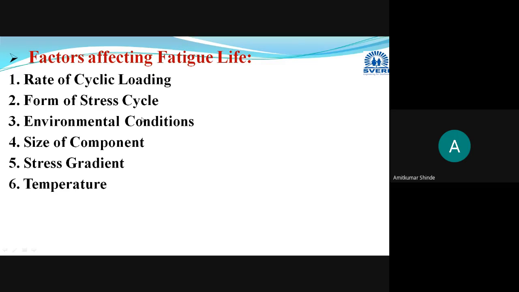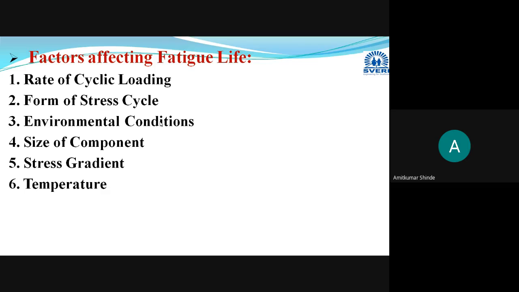But environmental conditions will have some impact on the fatigue life. In vacuum or neutral environmental conditions, the fatigue life of the component increases. Compared to moist air, in vacuum the fatigue life will be more.